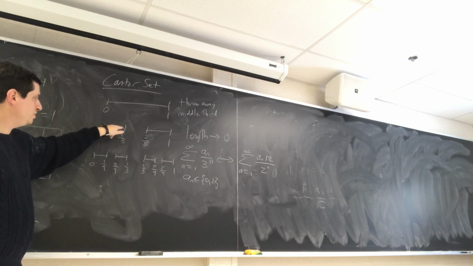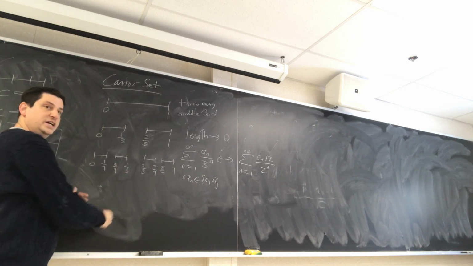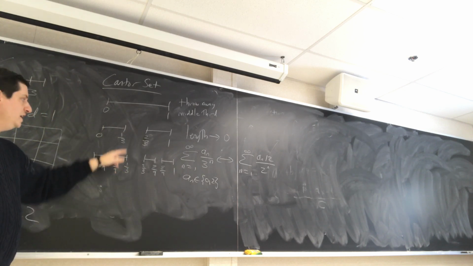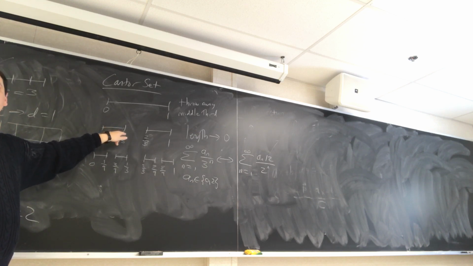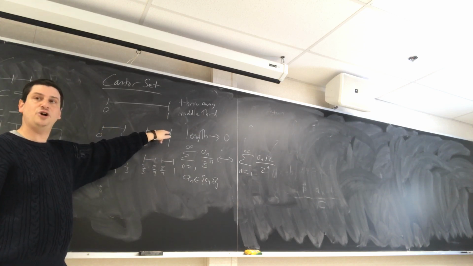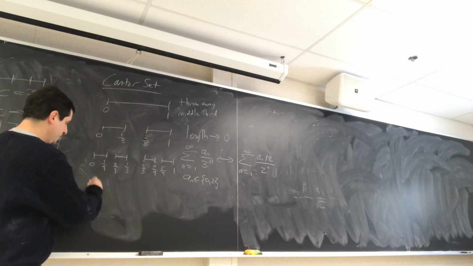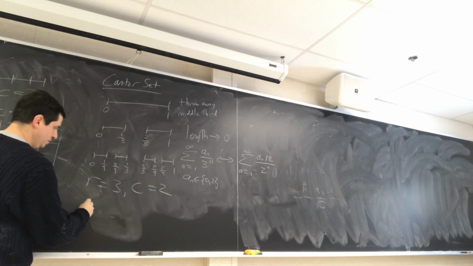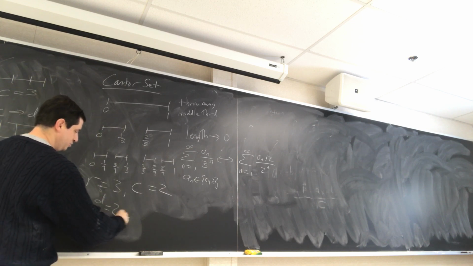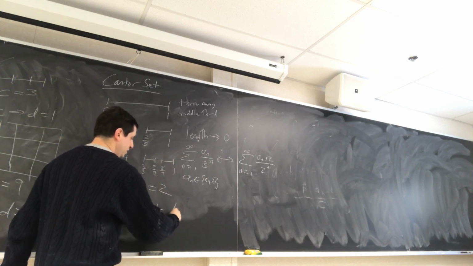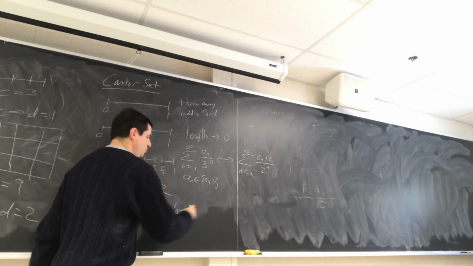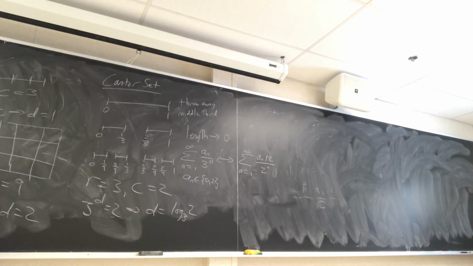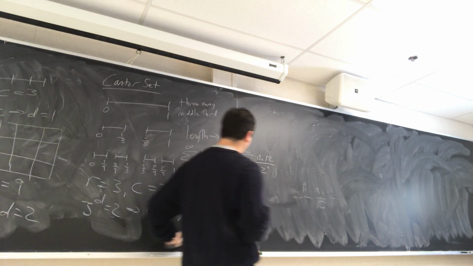So this part, what's coming down from this chain over here, if I expand by a factor of 3, just becomes another copy of my original set. And this becomes another copy of my original set. So if I take r equals 3, then I get 2 copies. So 3 to the d equals 2. So the dimension is the log of 2 base 3, which is strictly less than 1. So the Cantor set has a non-integer dimension.